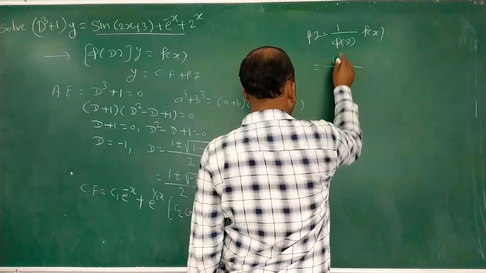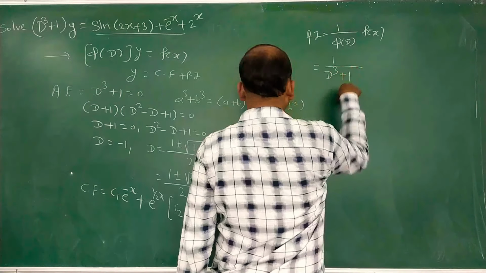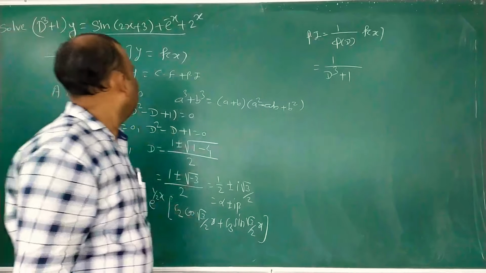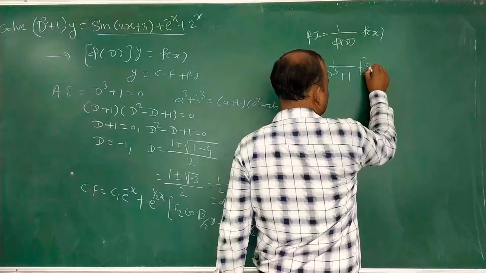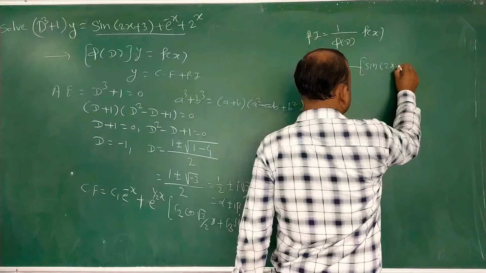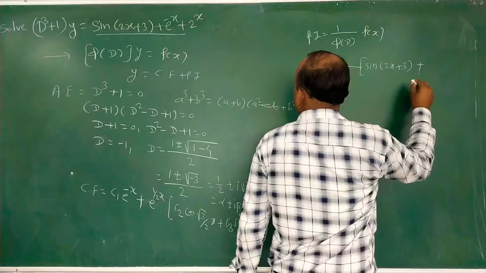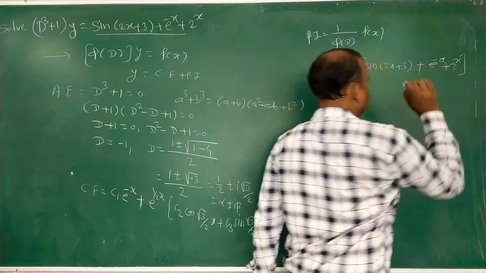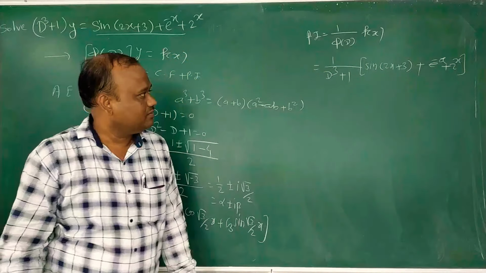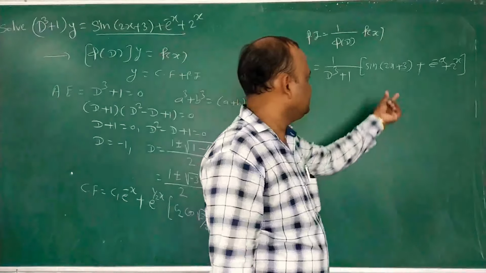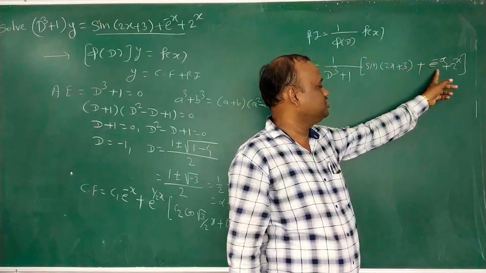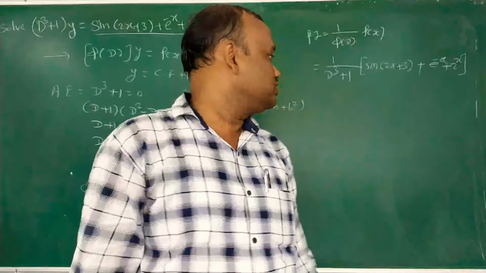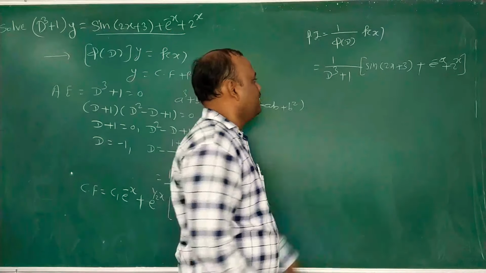So put here phi of D as D^3 + 1, and f of x as sin(2x + 3) + e^(-x) + 2^x. So here f of x is given as first a trigonometric sine, second an exponential function, and third a constant raised to a variable. So for solving this, we have to split it into 3 parts.